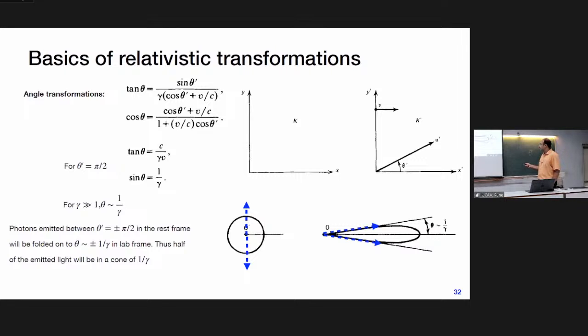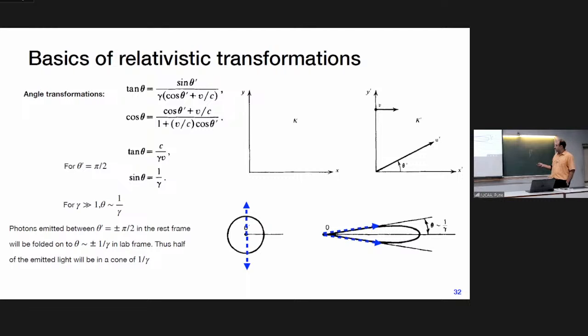So this is just a pi by 2 angle in the rest frame of the charged particle, and all the emission is isotropic. You transform to the static frame or the lab frame. These blue lines, which were pi by 2 in the rest frame of the charged particle, become like this because of this angle transformation. They become a cone, but the half angle of the cone is 1 by gamma.